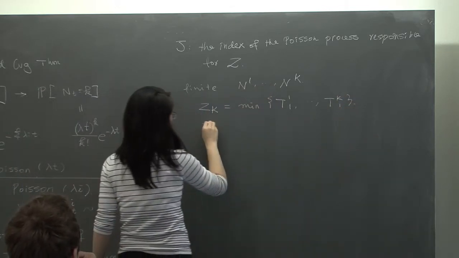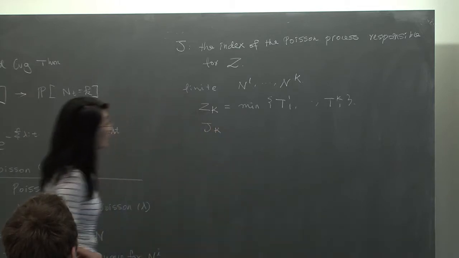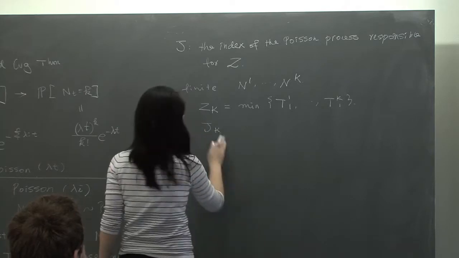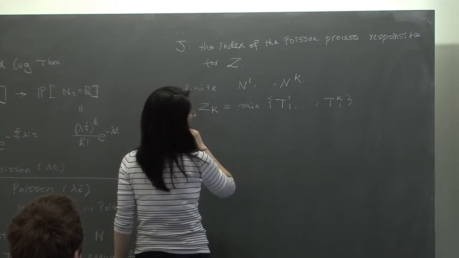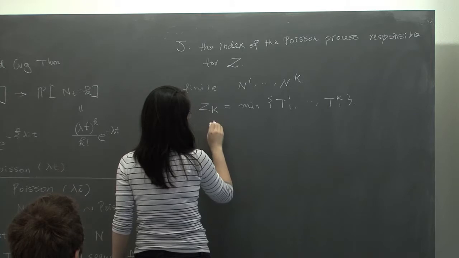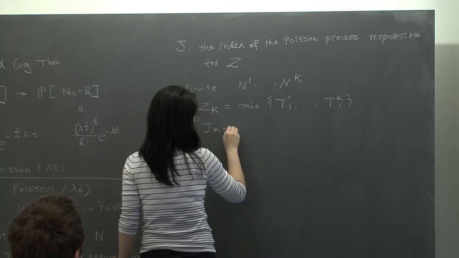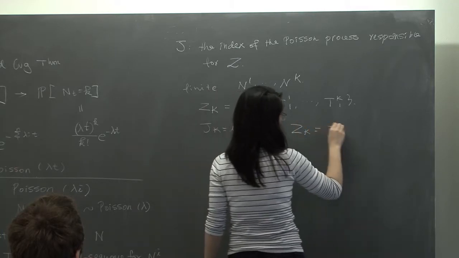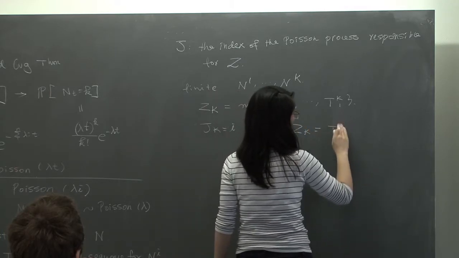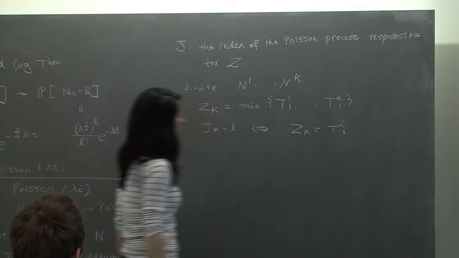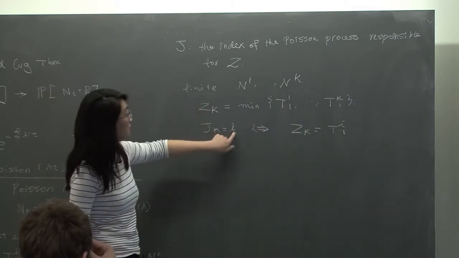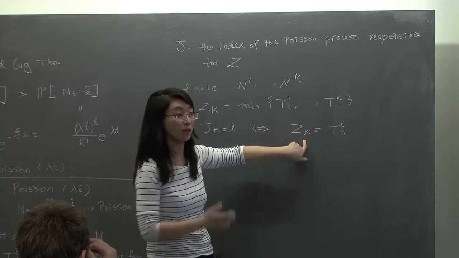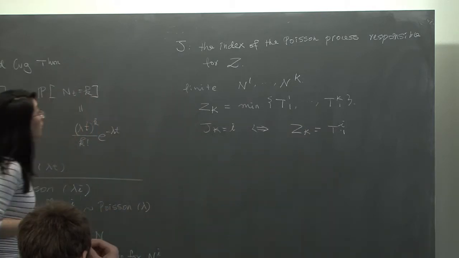The corresponding J_k is the index of the process where it happens, so J_k equals i means that Z_k equals T_1^i. So J_k is just the index of the process responsible for the first occurrence among all these processes.